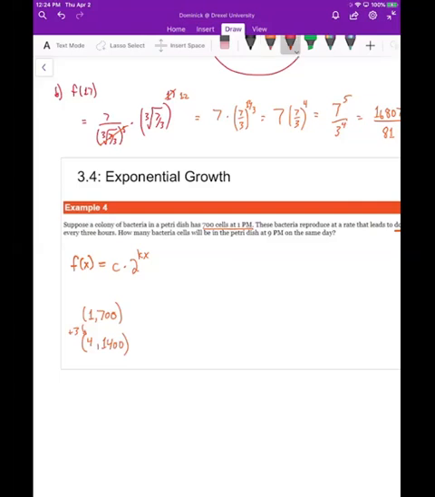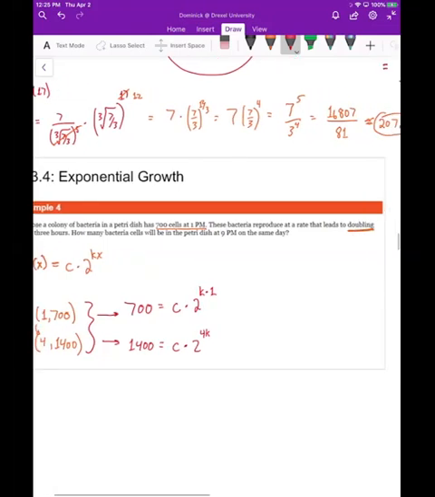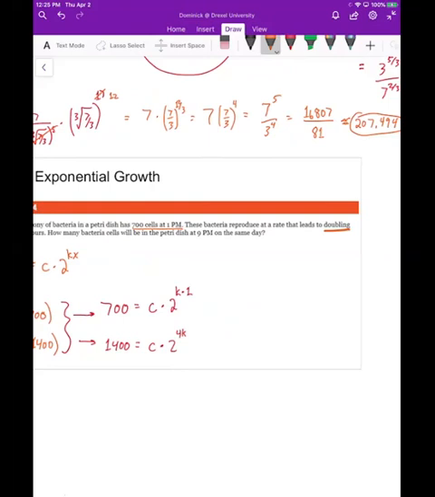Now, we're going to use the same strategy that we just used before to figure out what our variables have to be. So we could say that 700 is equal to C times 2 to the K times x, which is times 1 in this case. And then the second equation gives me that 1,400 is equal to C times 2 to the 4K. Now we can use these equations to solve for the other variables.